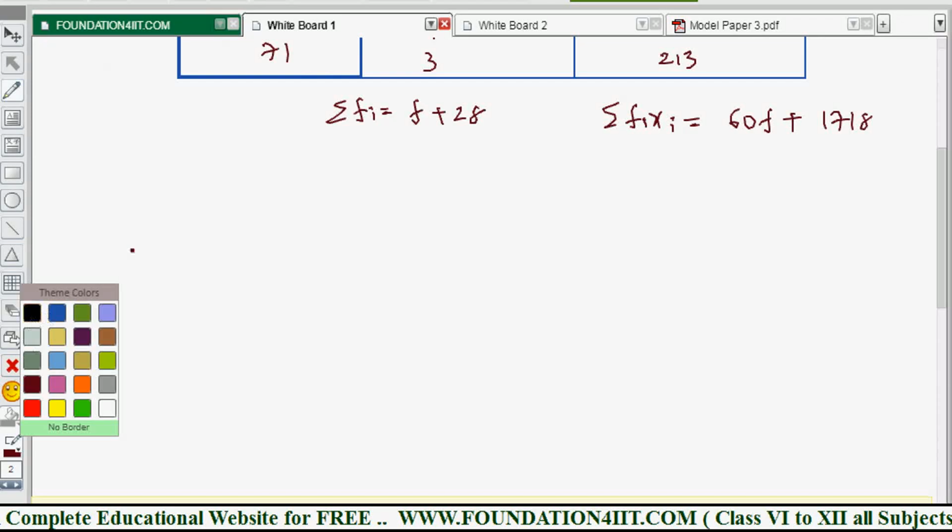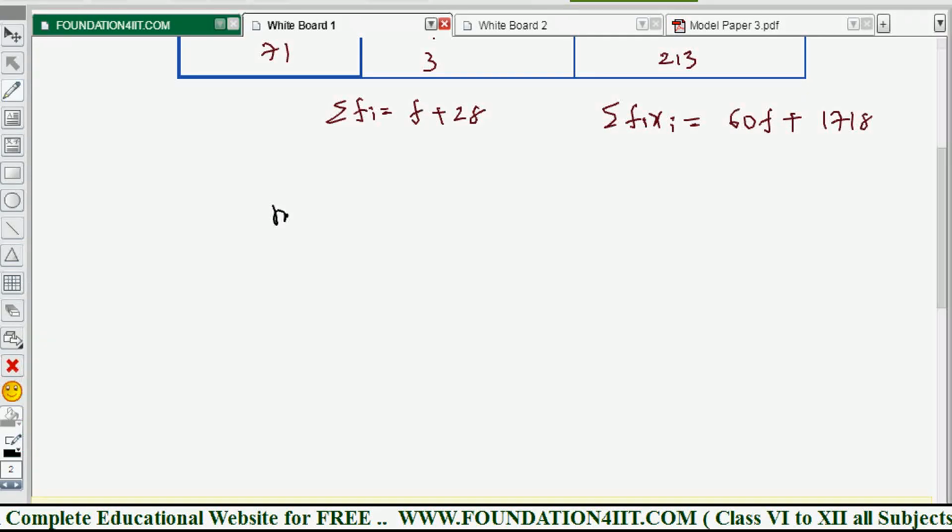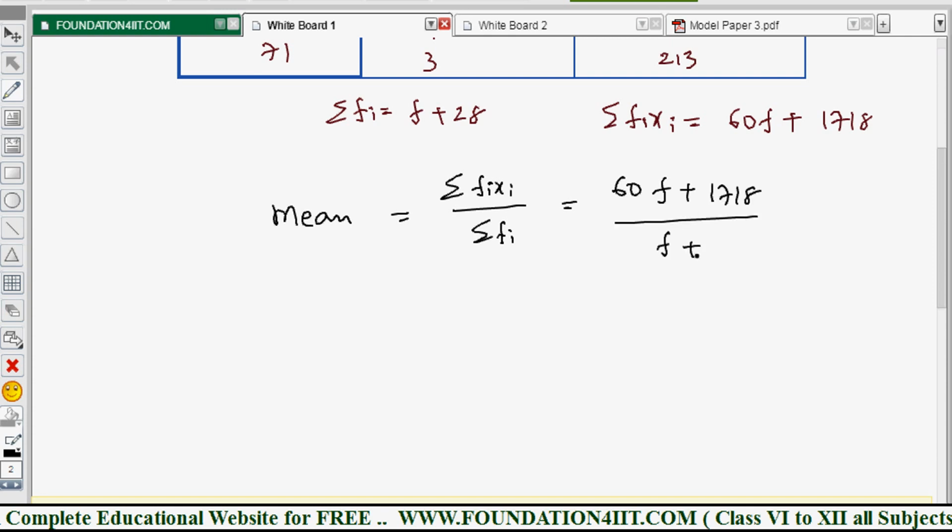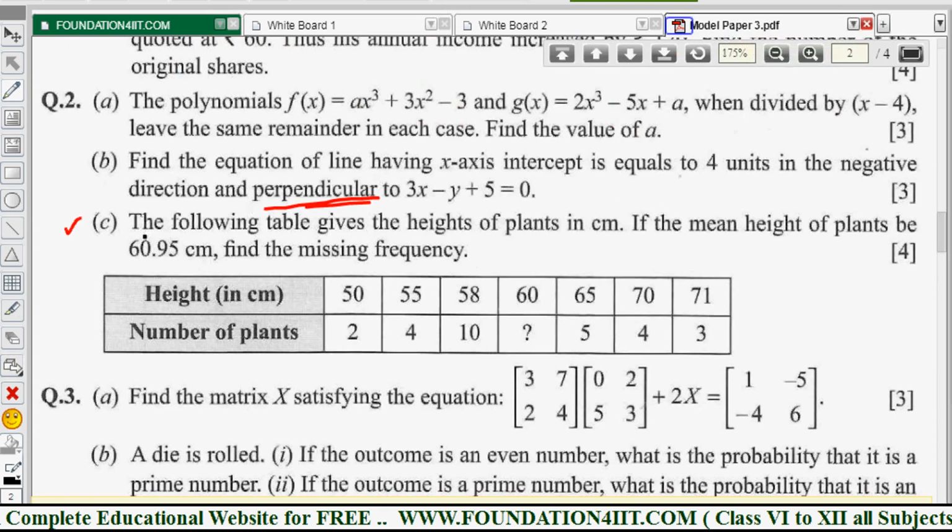Mean is equal to sigma fi xi by sigma fi. The answer is given already, so you can take 60f plus 1718 by f plus 28, and this value is according to the question 60.95.